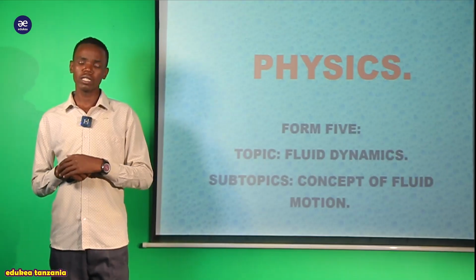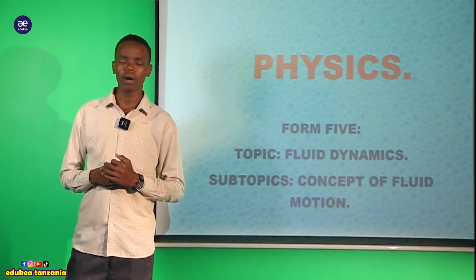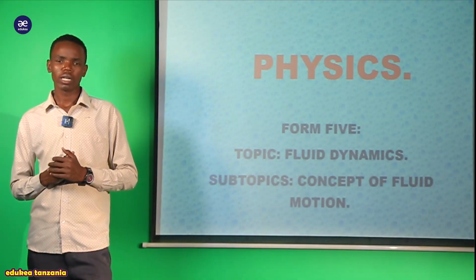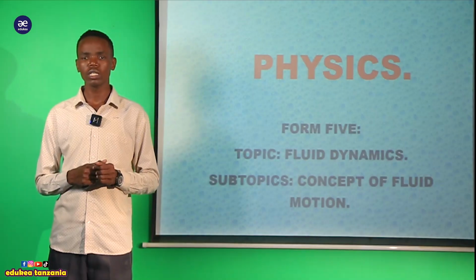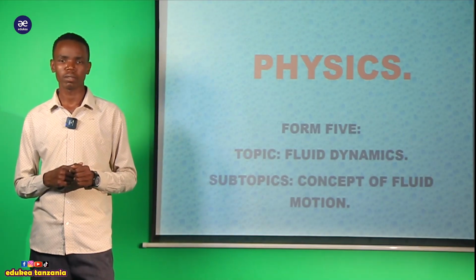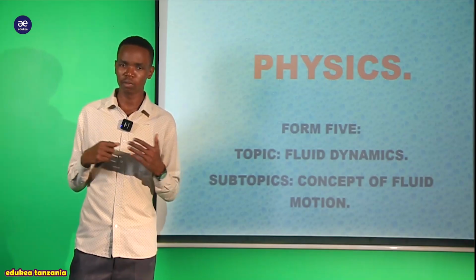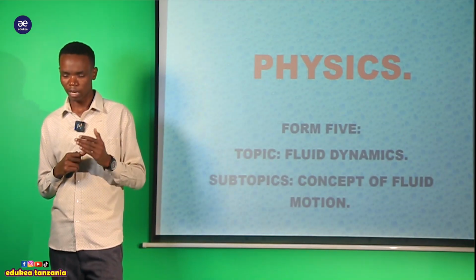Now, before we proceed with our discussion here, we were supposed to remember where we ended on the last session. On the last session, my dear student, we tried to see how we can state the principle, the law of mass continuity, or sometimes we say the principle of conservation of mass.